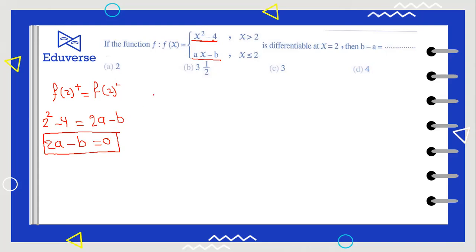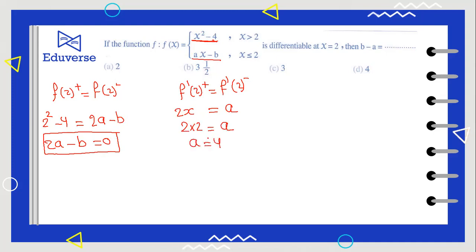That's from continuity. From differentiability, f dash of 2 positive equals f dash of 2 negative. Derivative here is 2x, equal derivative here is a. Put x equal 2: 2 multiply 2 equals a.